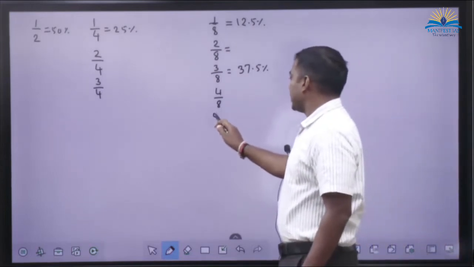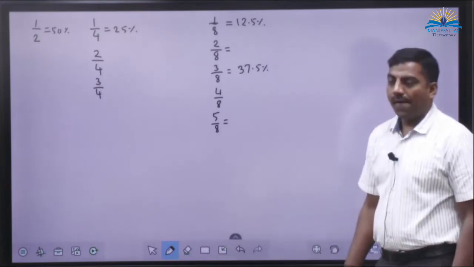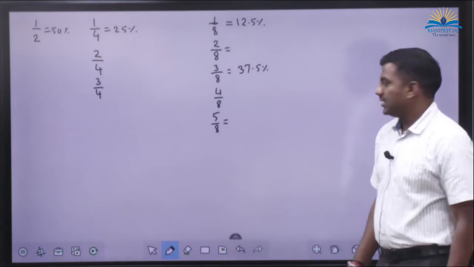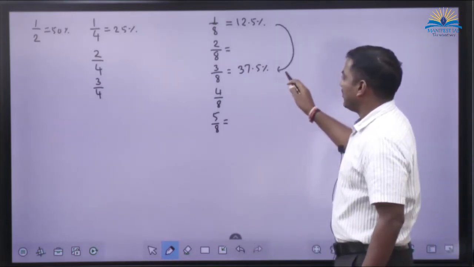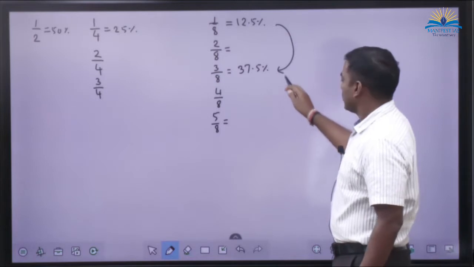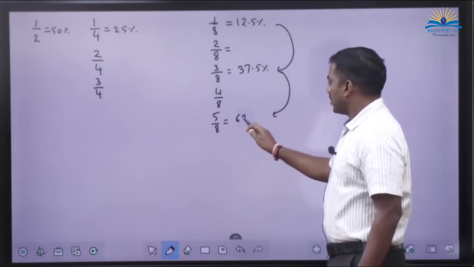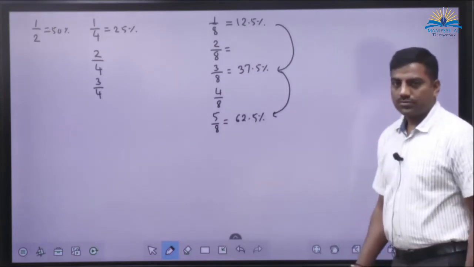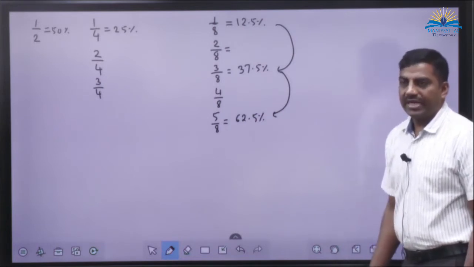Then 5 by 8. How much? 62.5%. Because see, 12 and a half, 37 and a half, it should be 62.5%. You can work out 5 divided by 8. That means 500 divided by 8.